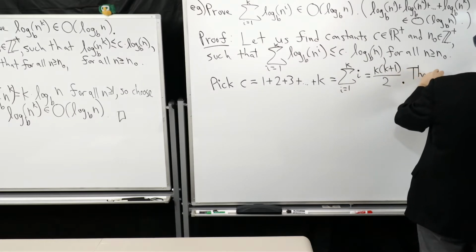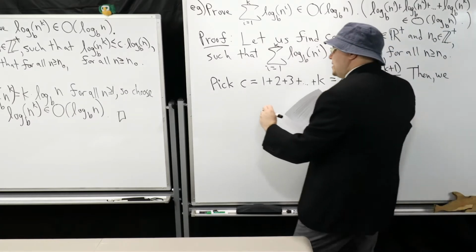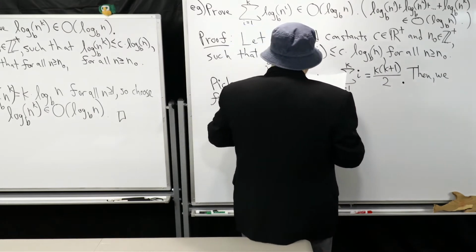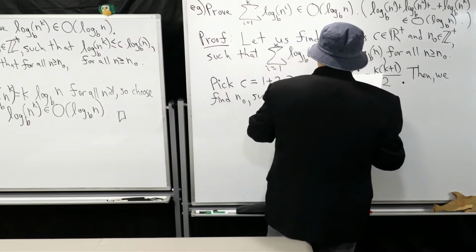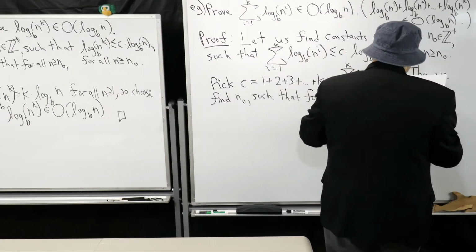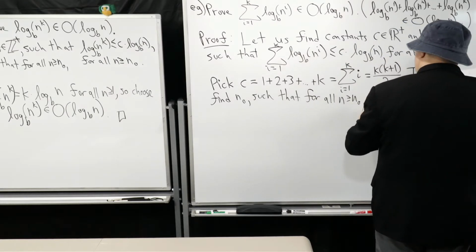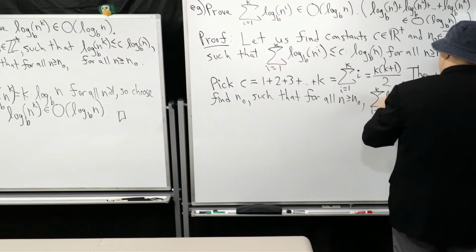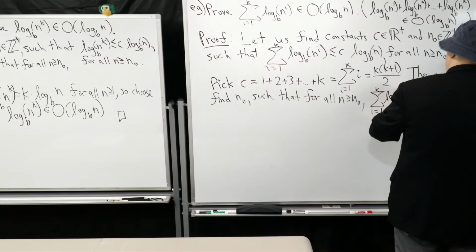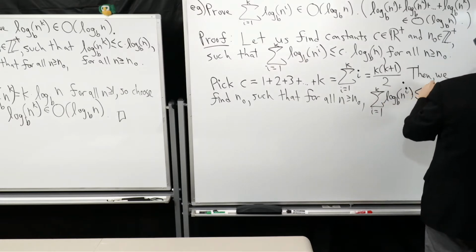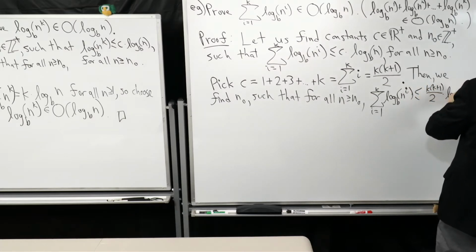Then we find n0 such that for all n greater than or equal to n0, the sum from i equals 1 to k of log base b of n to the i is less than or equal to k times k plus 1 all over 2 times log base b of n.